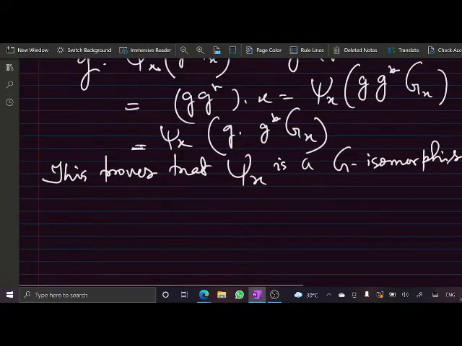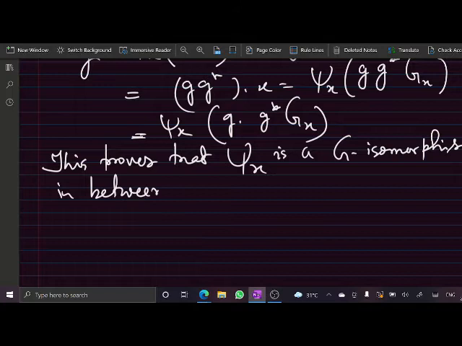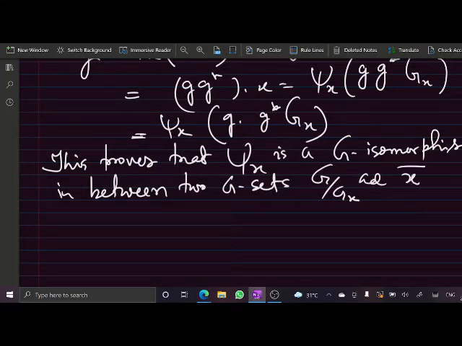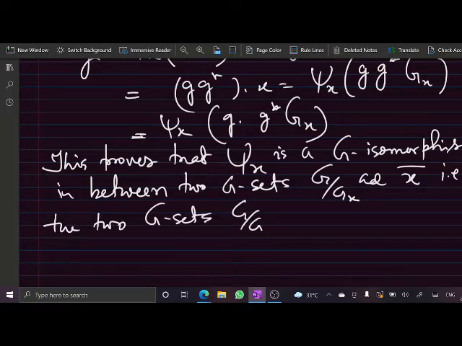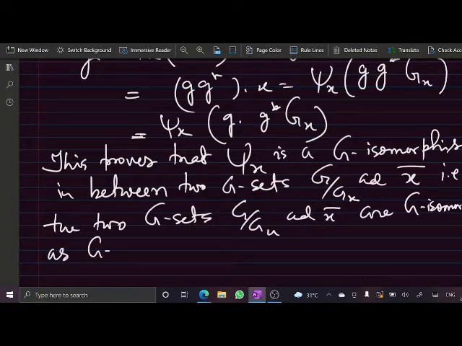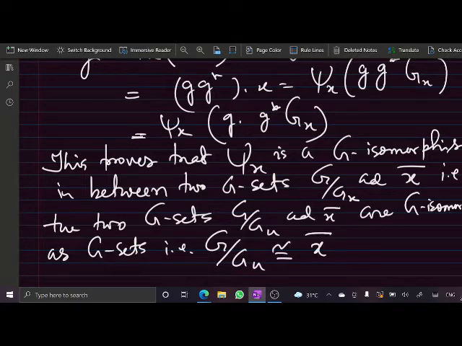In between two G sets, the coset space G by Gx and the orbit X bar, these two G sets are G isomorphic as G sets, that is, G by Gx is isomorphic to X bar.